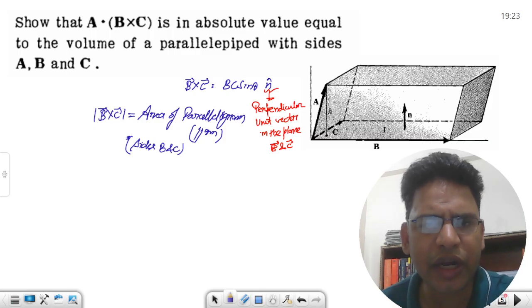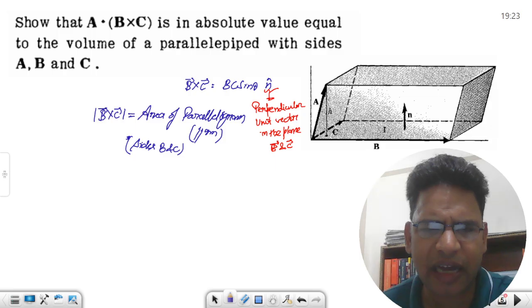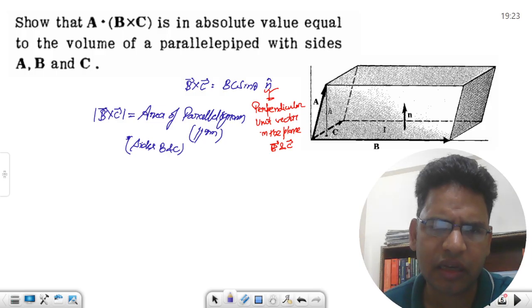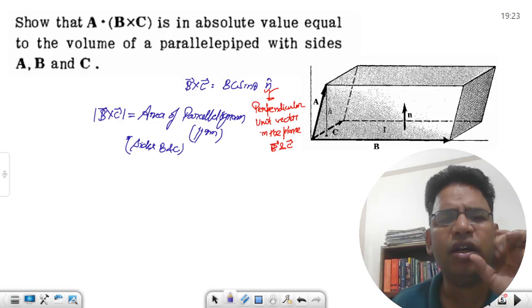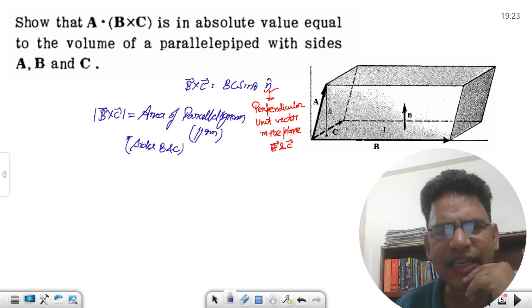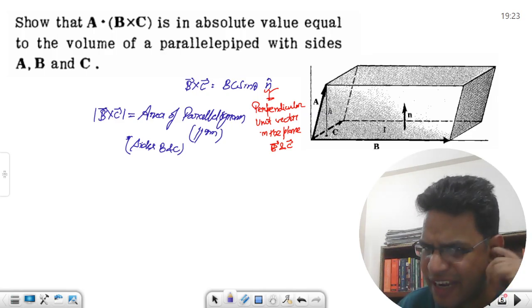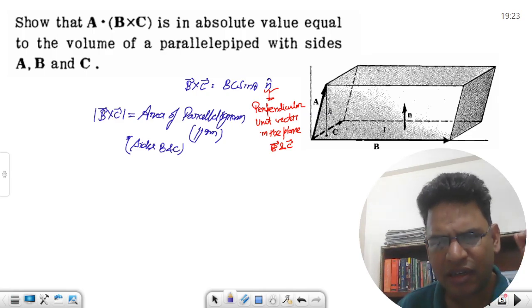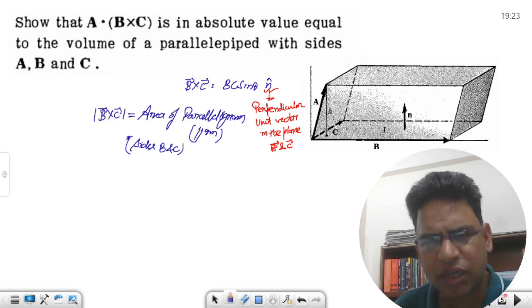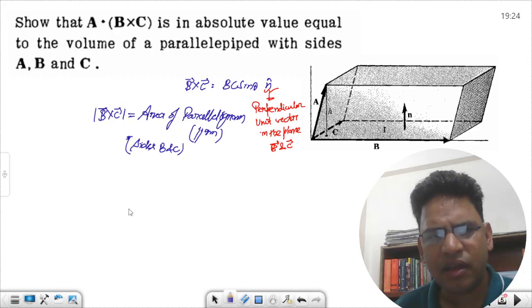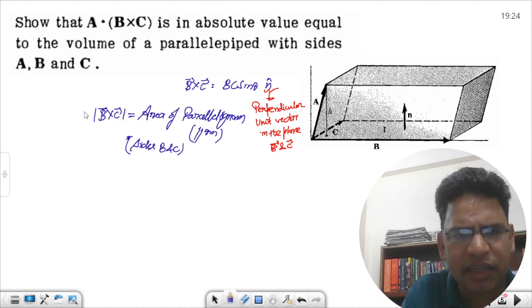Now what you can do, you can easily identify the height. If you look at this, how will you make the height? If you want to take the volume, it is the area of the parallelogram into height h, right?